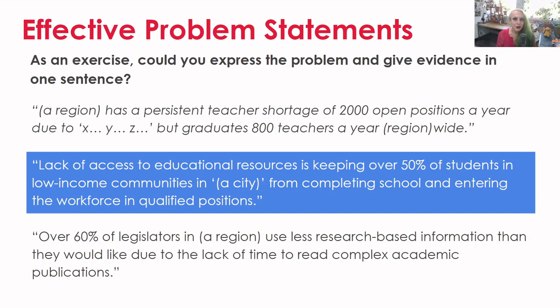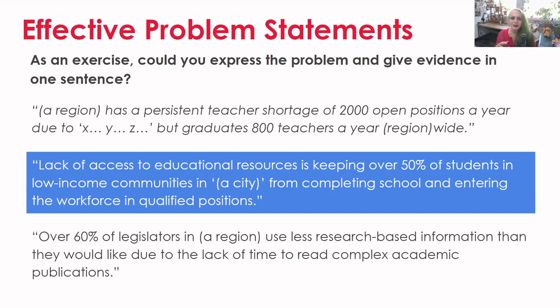A few examples here are, for example, in a region, they have a persistent teacher shortage of 2,000 open positions a year due to X, Y, Z problems, but the region only graduates 800 teachers a year, and that's a problem in itself. So we see a difference in numbers there.